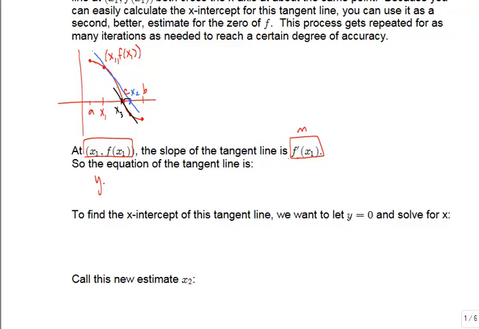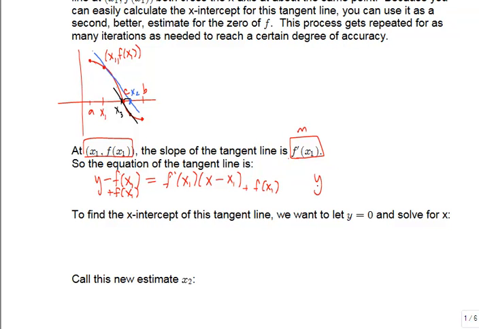So that would be y minus the y-coordinate of our point, which is f of x sub 1, equals the slope, which is this derivative, times x minus the x-coordinate, which is x sub 1. Now if we were to solve this for y, I could just add this f of x sub 1 over to the other side.